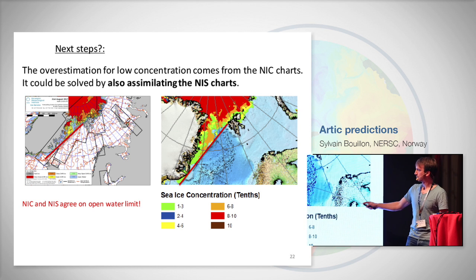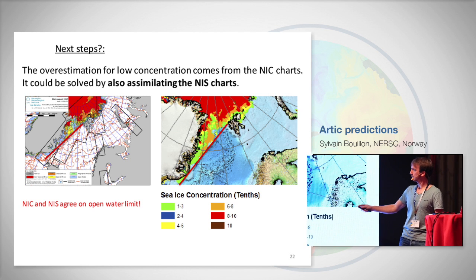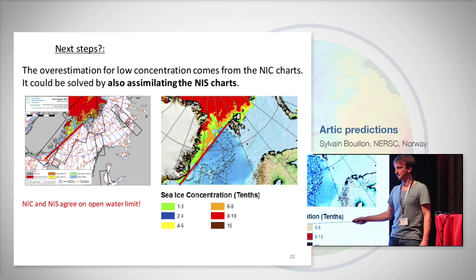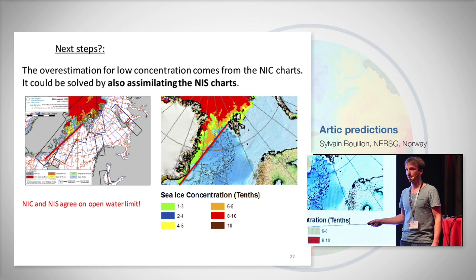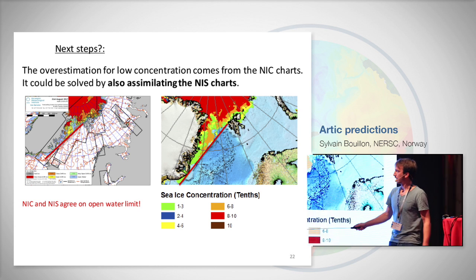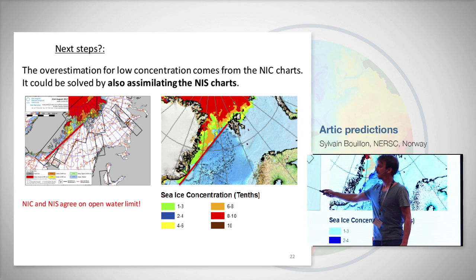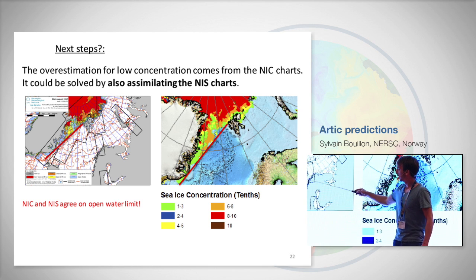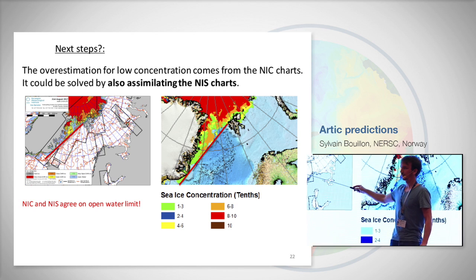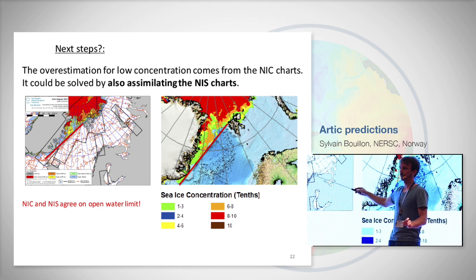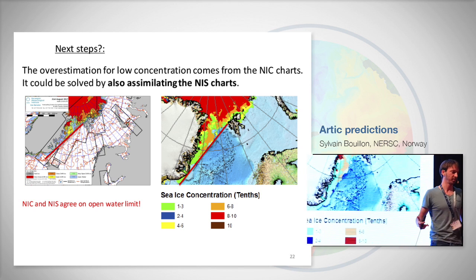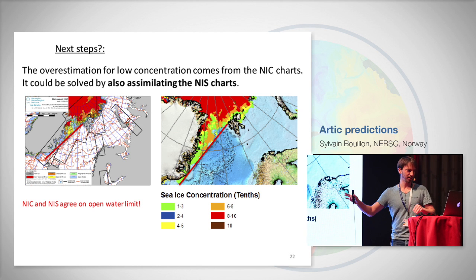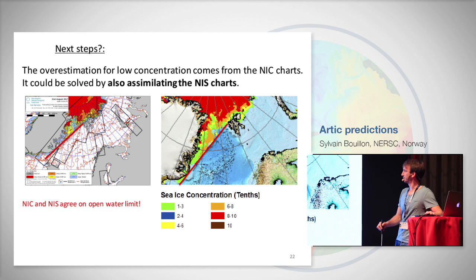You see on the right, it's coming from NIC. They say that in this area, in green, the concentration is between 10 and 30%, whereas in the Norwegian ice charts for the same area, it's in light blue. It means that it's between 0 and 10% of concentration. So the overestimation, again, it's not our fault. It's only due to others.